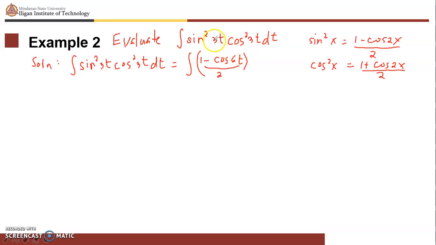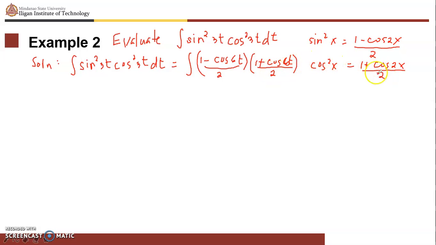Because we have 3t here, and 2 times 3 gives us 6, because you have 2x. And then cosine squared of 3t should be rewritten as 1 plus cosine of 6t over 2.